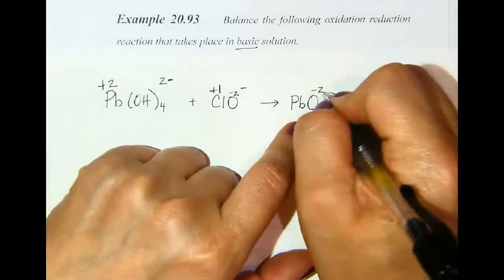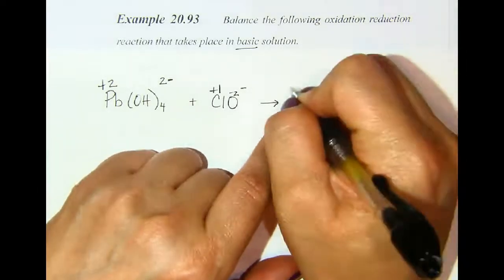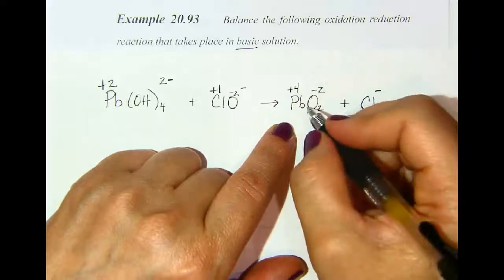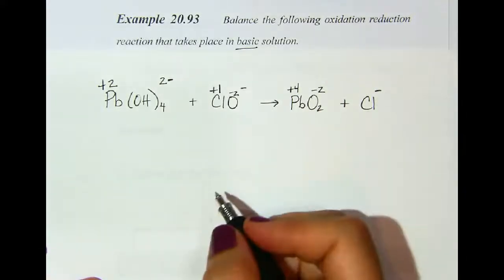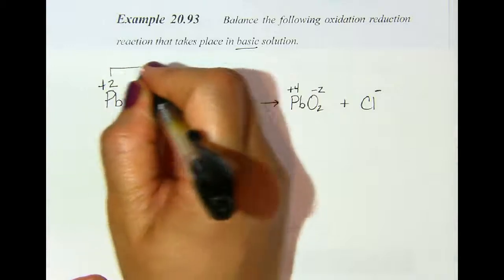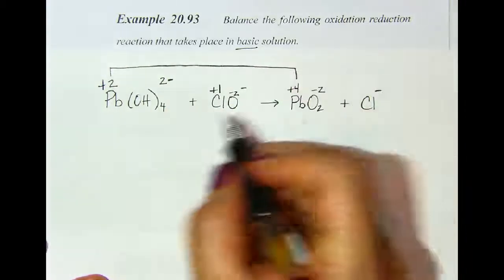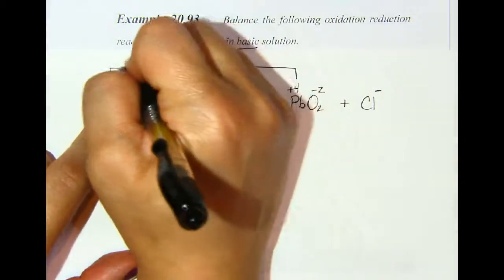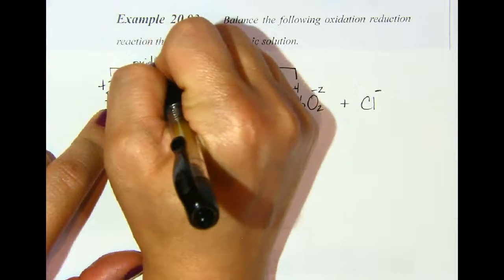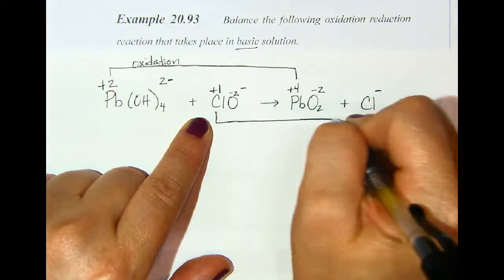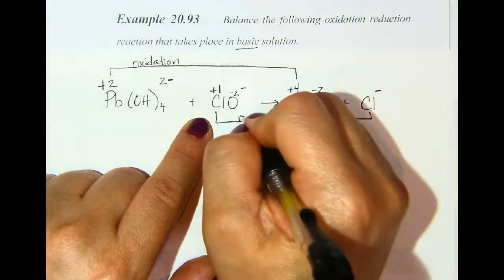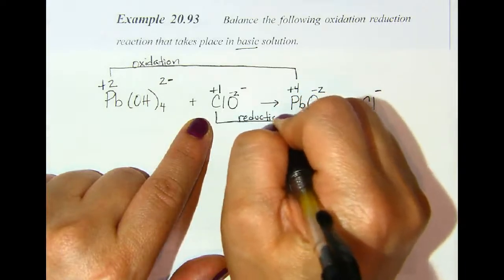This oxygen is -2, 2 times 2 is 4, so +4 must be what this lead is, and that is telling us it has a -1 charge. So notice our changes. Our lead went from +2 to +4, which is an increase in oxidation state, so it undergoes the process of oxidation, and the chlorine goes from +1 to -1, which is the process of reduction.